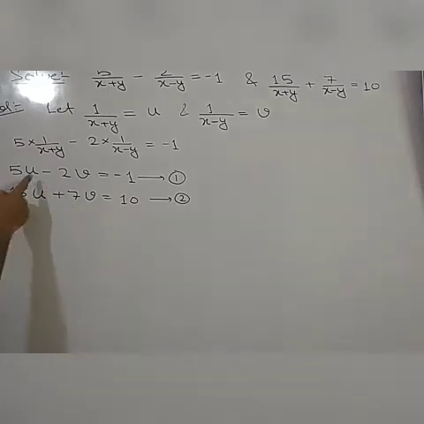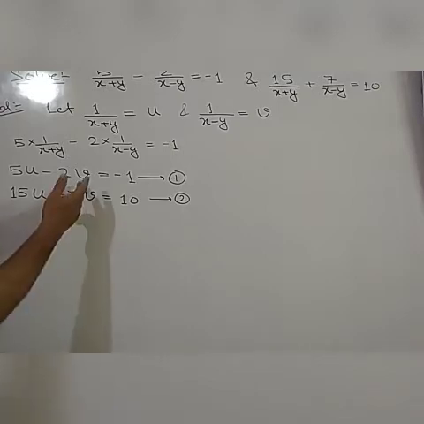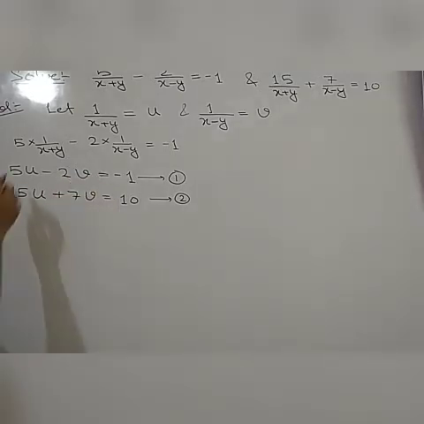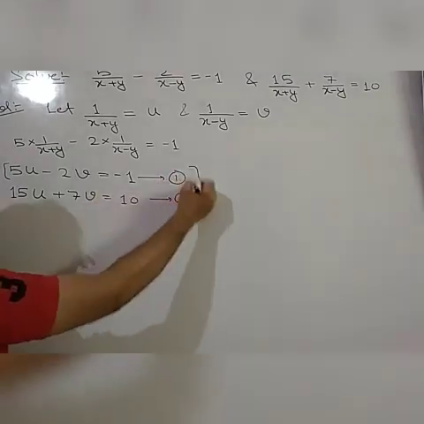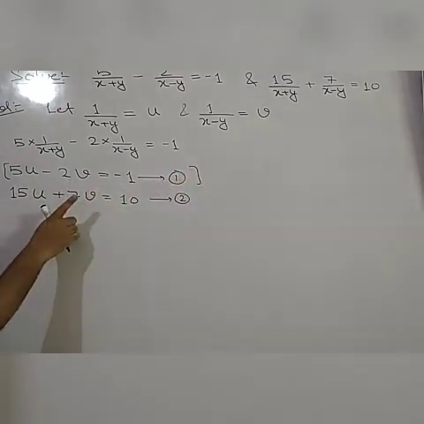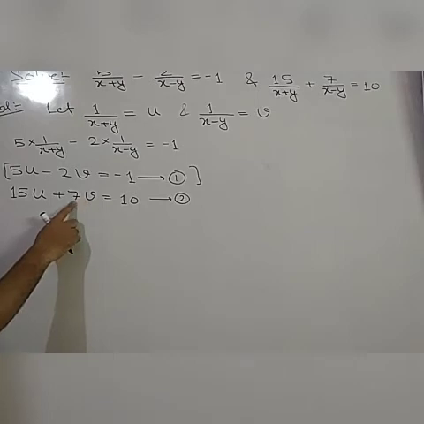When we equate the coefficients, if we want to equate the coefficient of u, then we can multiply the first equation by 3. Yesterday in the last class I told you that we will multiply by the term in such a way that we get the LCM of these two coefficients, if you remember that. Otherwise, if we want to equate the coefficient of v, we will multiply the first equation by the coefficient of v in the second equation, and this coefficient is 7.